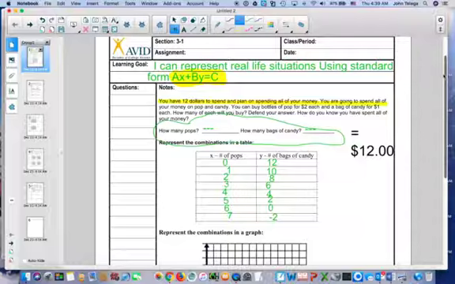And yeah, if I look at the difference between these guys, these are all going down 2s every time. Down 2s. Down 2s.